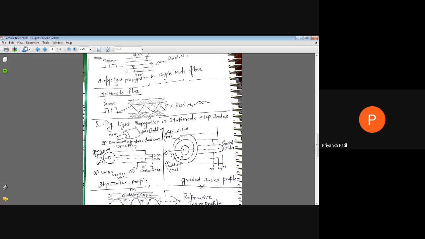These rays are launched into the core within the acceptance cone of the graded index core, which is larger than the step index. Because it follows a path that is not a straight line, it follows a different pattern for the transmission.